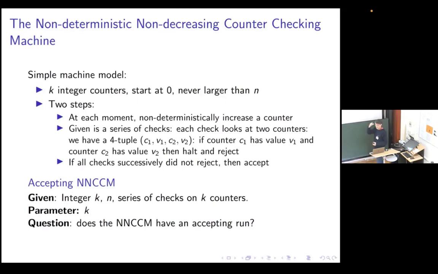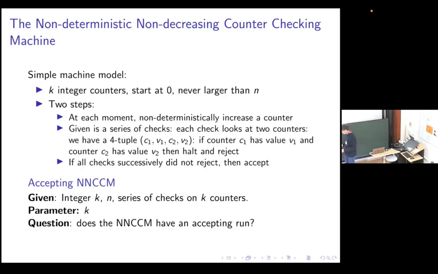Sometimes in my mind, one of these C's I replace by crazy. What I have is k counters, and there are two types of things which can happen at a time step. Either I non-deterministically decide to increase a counter or increase all counters. And I can never increase them to more than n. So they start at 0 and can never be larger than n.